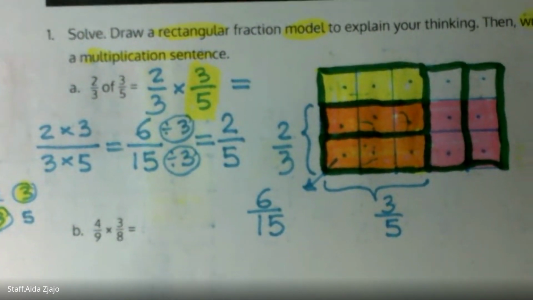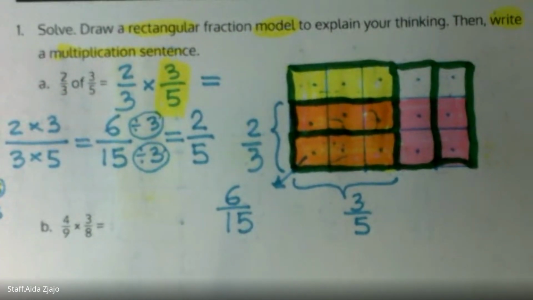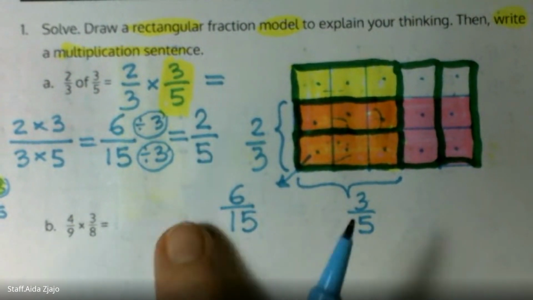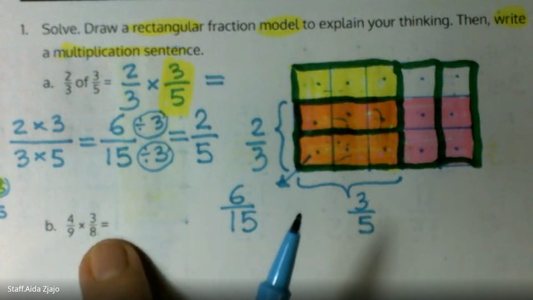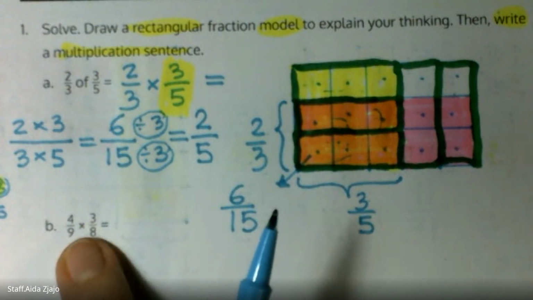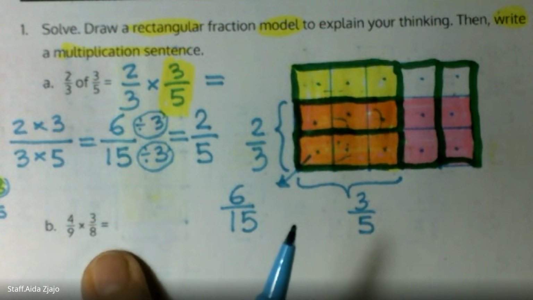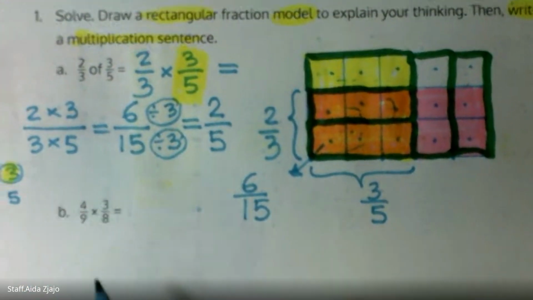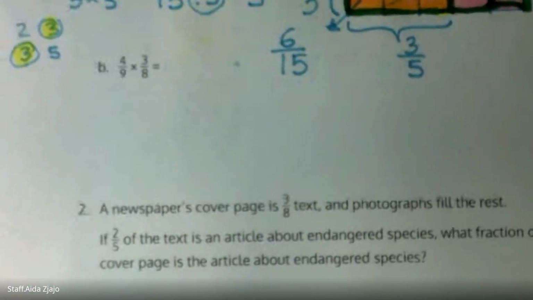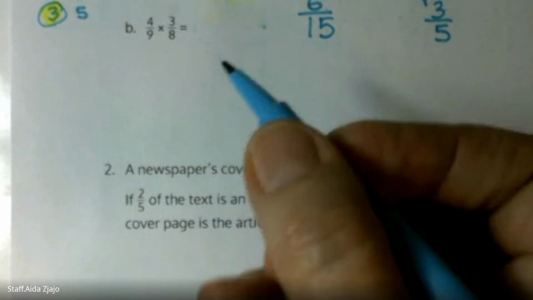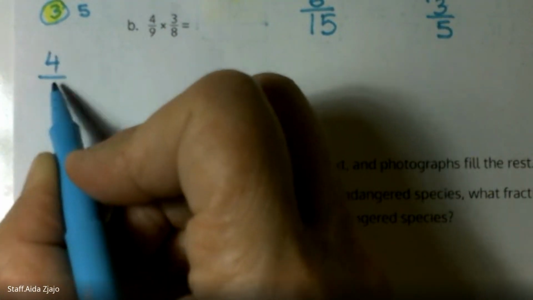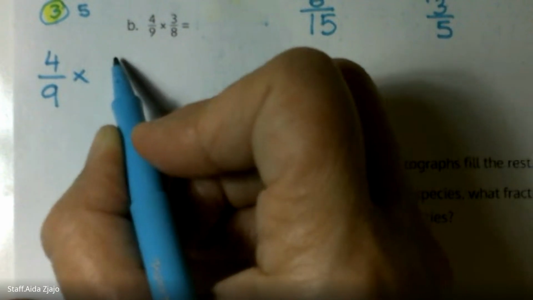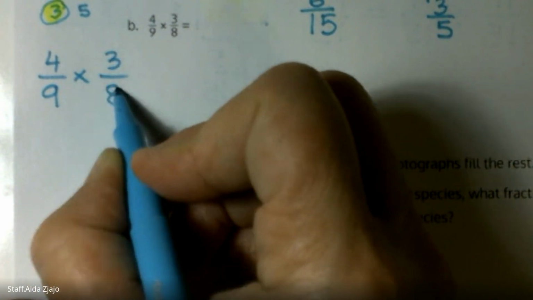Okay, I am going to do the next one. This was number 1, and the next one is 4/9 times 3/8, or what is 4/9 of 3/8? Okay, let's do it mathematically first. I hope I will have enough room here, because it is 4/9 times 3/8.